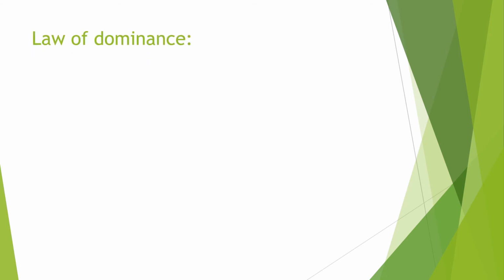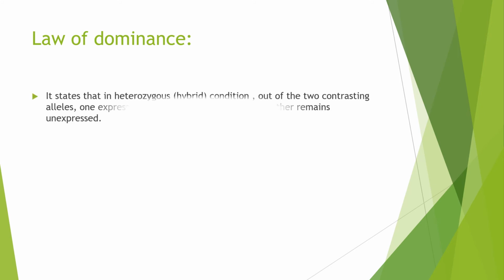Now the next one is the law of dominance. Dominance means who has the power. It states that in a heterozygous or hybrid condition, out of two contrasting alleles, one expresses itself morphologically, which means we are able to see it, and the other remains unexpressed.